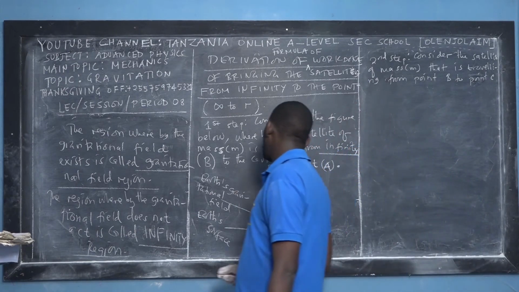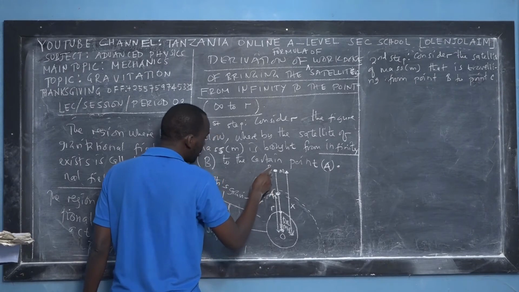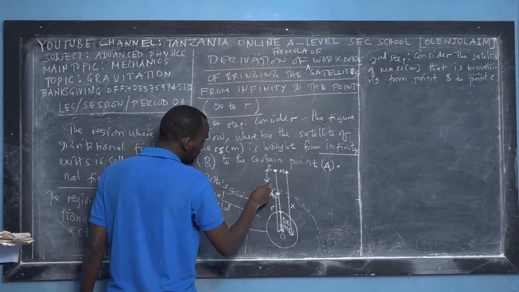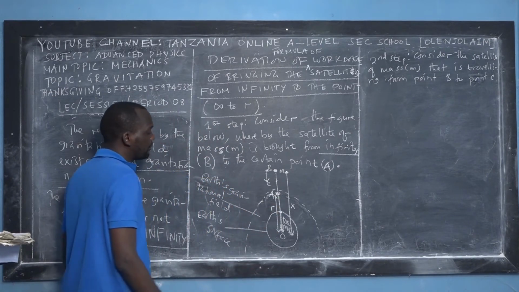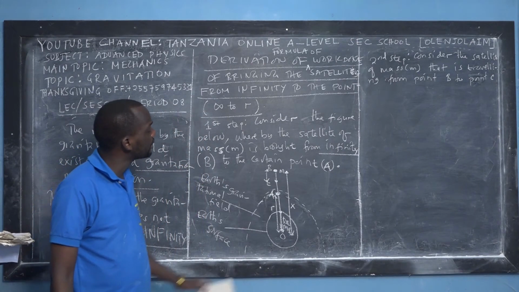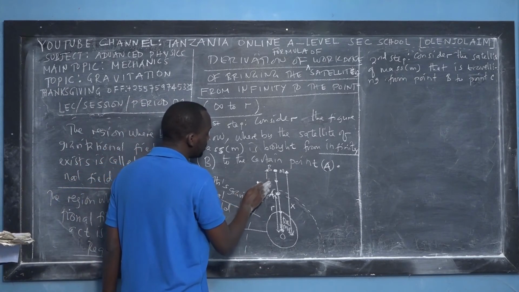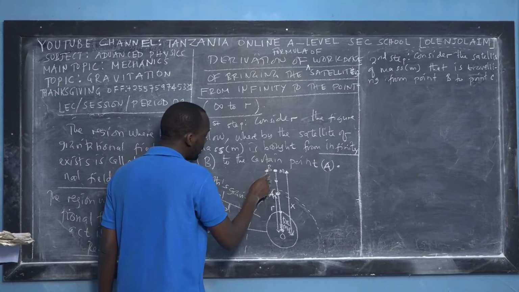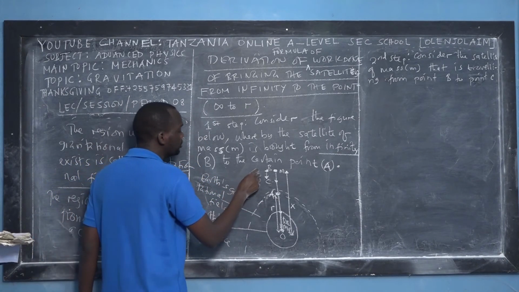Because we want to write a formula for the satellite to be taken from point B to point A, a number of joules is required to move the satellite from B to A. In physics, we don't need to compute the work done for the whole distance from B to A. We just need a small portion.